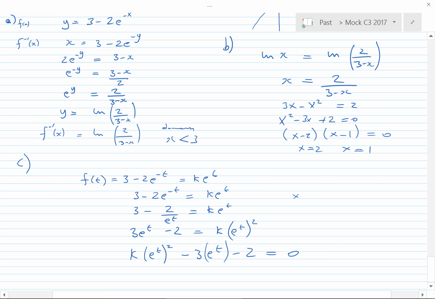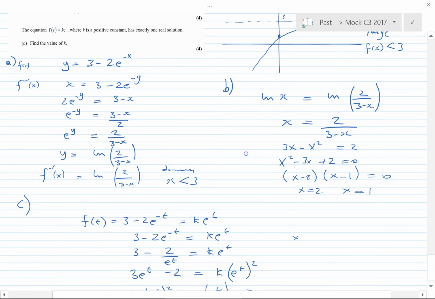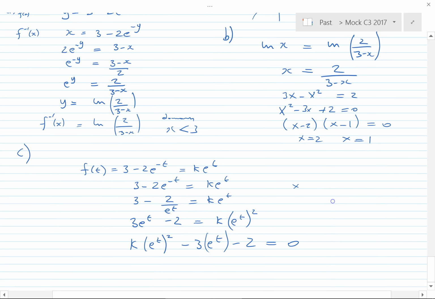Now it says, is that exactly one solution? So this must have one solution. Again, if we let y equal e to the t, we get k y squared.